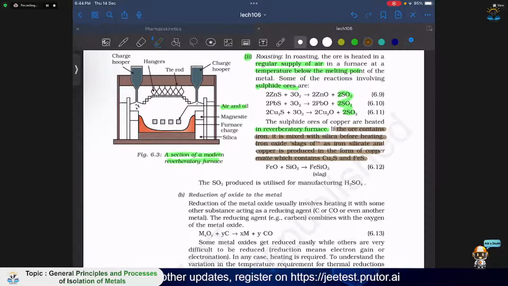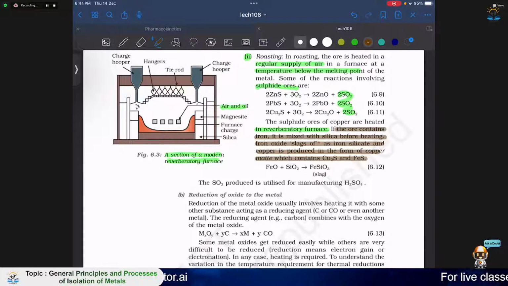You mix the ore with silica, heat it, because iron oxide will also be formed along with the corresponding oxide of the desired metal. You will get iron oxide also from this roasting. How do you remove that iron oxide? You add some silica, so it slags off with SiO2.